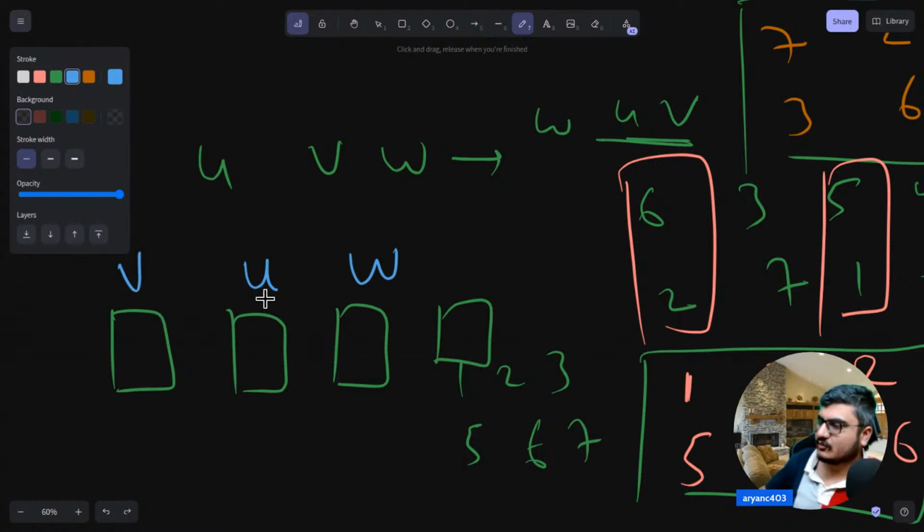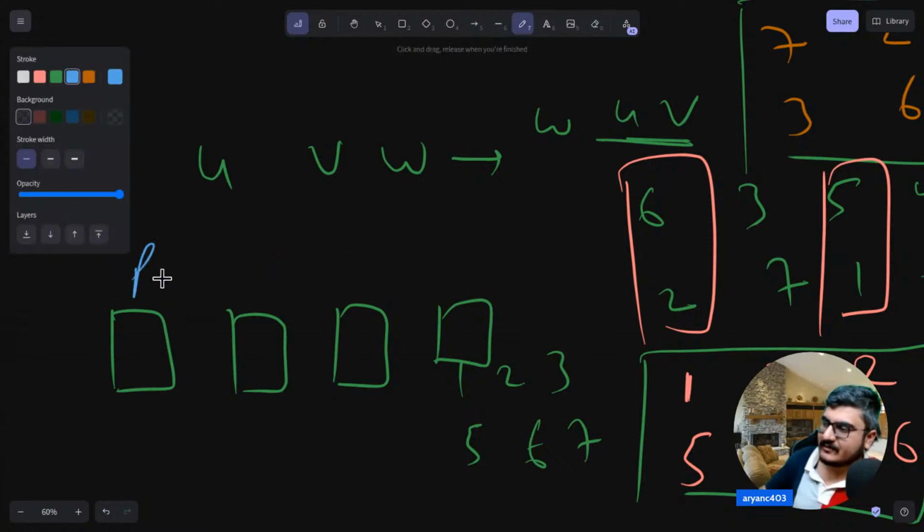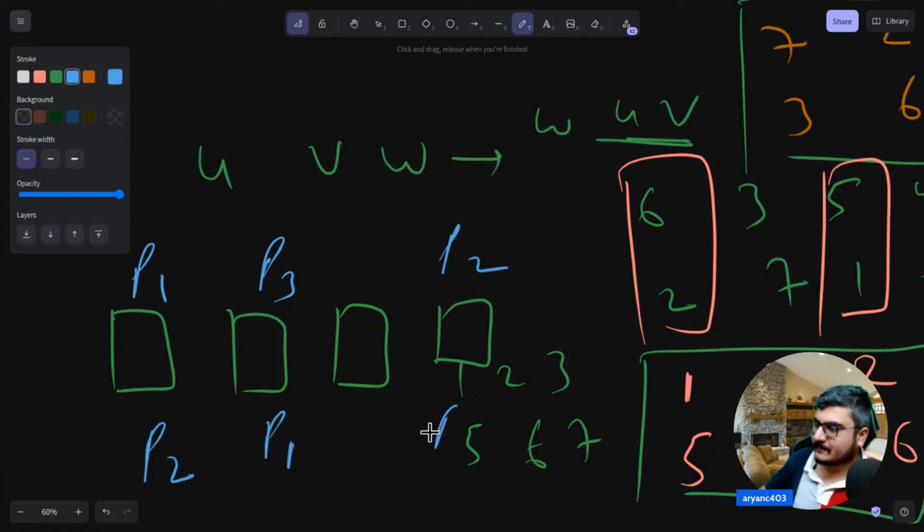Let's call them three pairs: P1, P3, and this is P2. Then we can move it in such a way that P2 comes here, P1 comes here, P3 comes here, without making any change there. And this was the first observation.